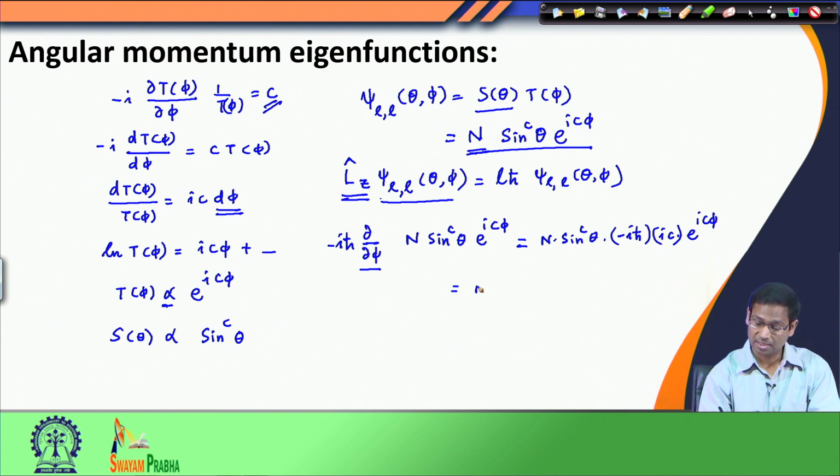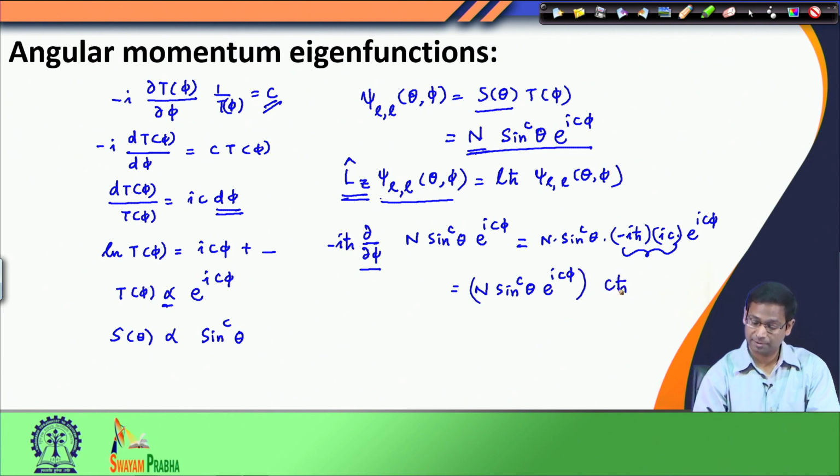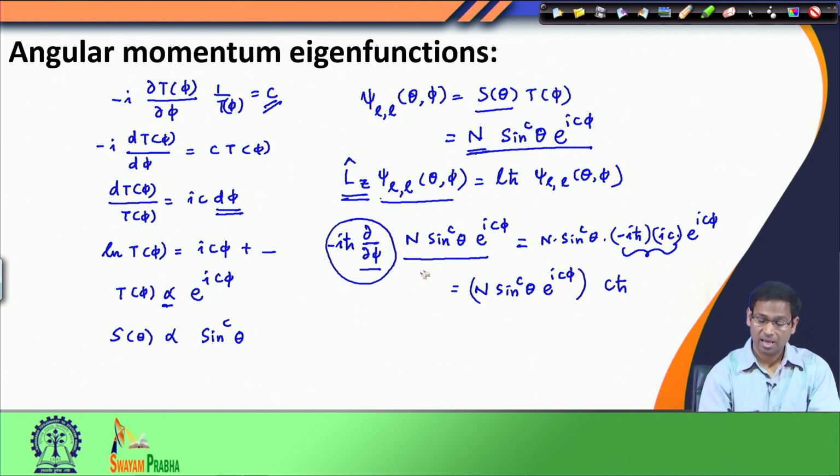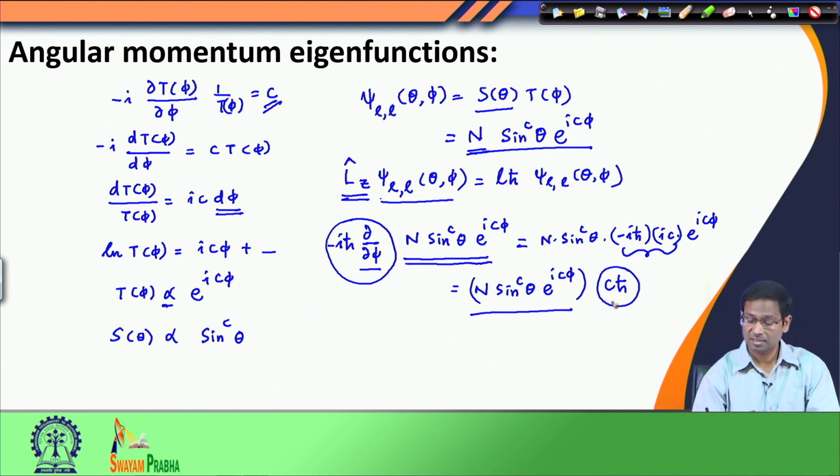I can rearrange that as N sine to the power c theta e to the power i c phi, and I am left with minus i times i, which is 1. So, I am done with c h bar. So, you see on the left hand side I have this operator acting on this function which is an eigenfunction. On the right hand side I have got back this function multiplied by this constant, and this constant is nothing but the eigenvalue.